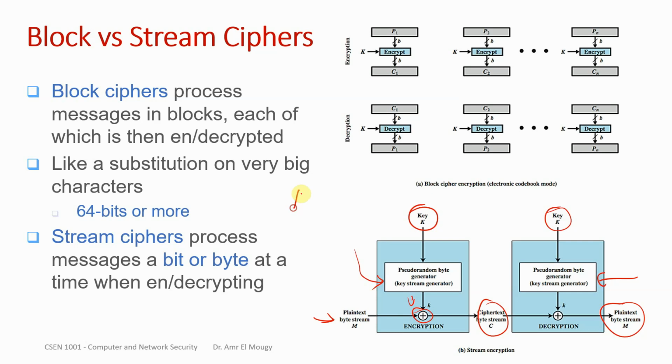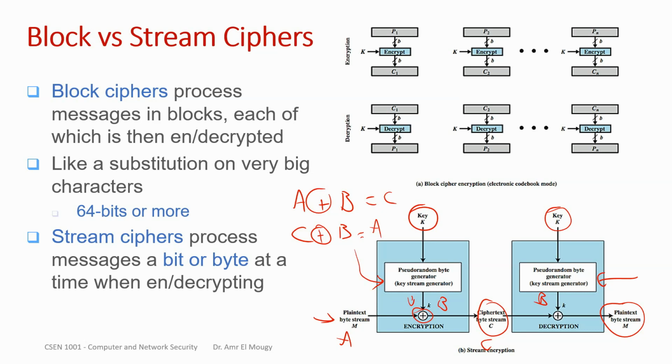Because as we know, if A XORed with B is equal to C, then C XORed with B will be equal to A. Okay, so if this is A, this here is B, which is the pseudo-random byte stream, and this here is C. If you want to obtain A back, you have to XOR C with B. So you have to generate the exact same sequence of bytes at the receiver, and you can only do that if you have the same key. So the entire complexity of stream ciphers exists in the pseudo-random byte generator itself. And we will see stream ciphers in detail in the next lecture.